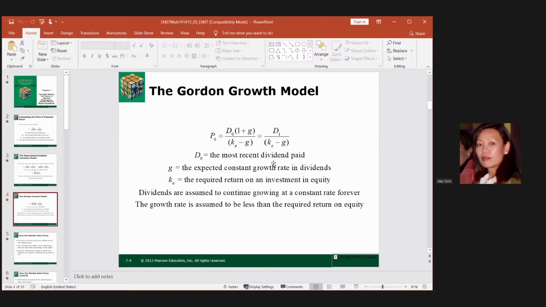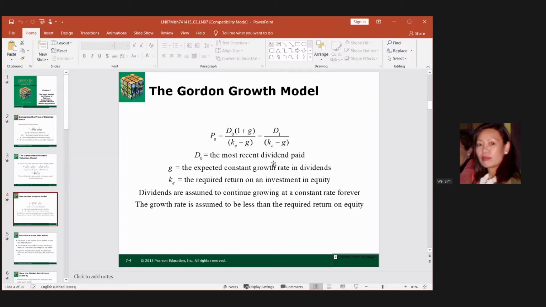Look at the formula. What else can you not do? Okay, so I see on the denominator here, if the growth rate is higher than the required rate of return, then the formula won't be able to work anymore. Yeah, why? Very good though.